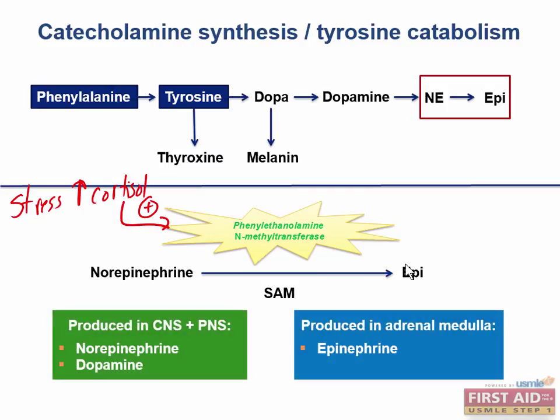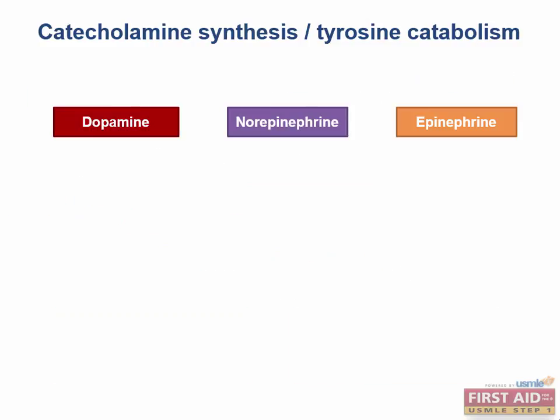You may also want to keep in mind that both dopamine and norepinephrine are produced in the central nervous system and in the periphery. However, epinephrine, on the other hand, is produced only in the medulla of the adrenal glands. Now that we've spent all of this time and energy just to build up some catecholamines, let's go ahead and tear them apart. How do we break these down?